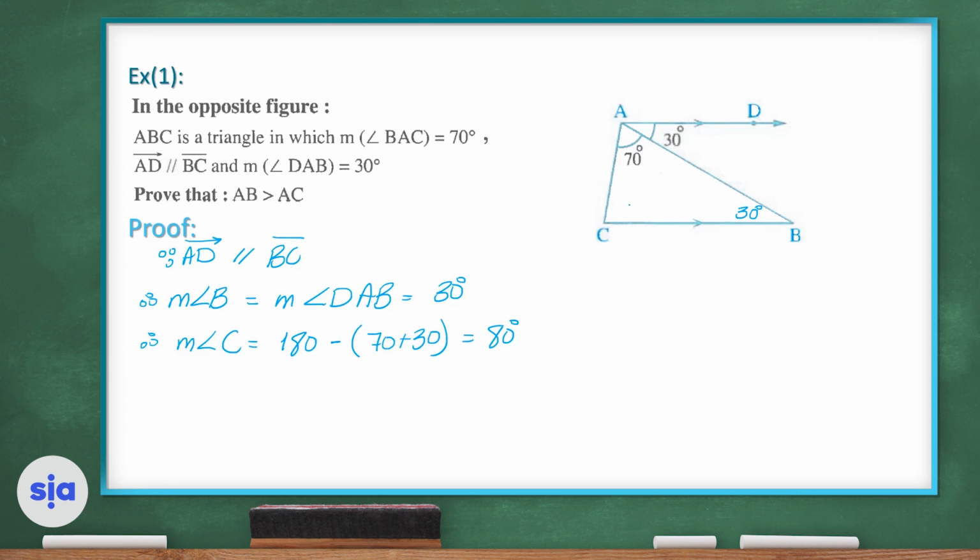So the measure of angle C is 80 degrees. Therefore, as we can see from here, the measure of angle C is greater than the measure of angle B. Accordingly, we can say that AB is greater than AC.